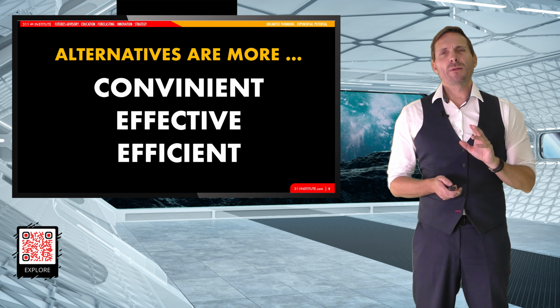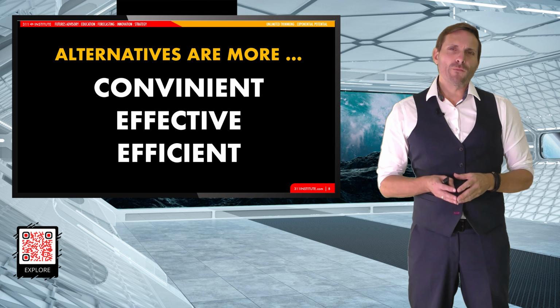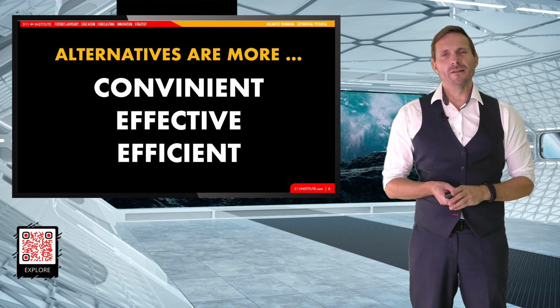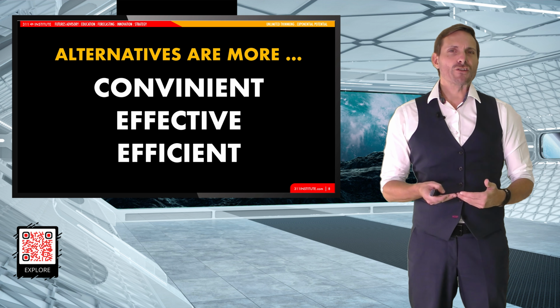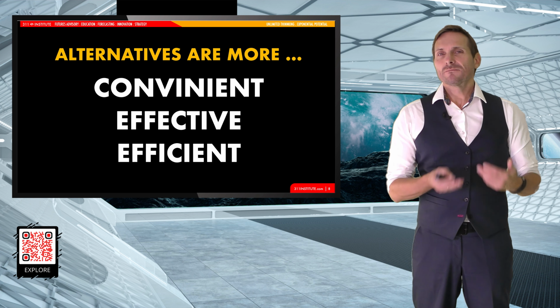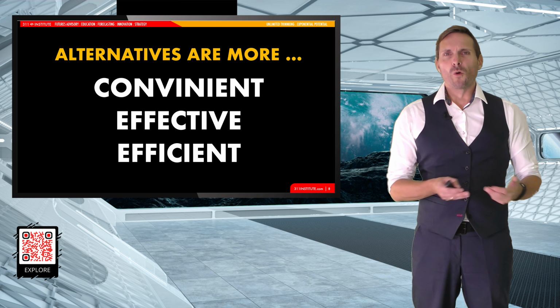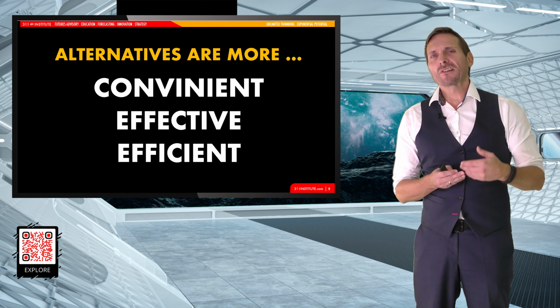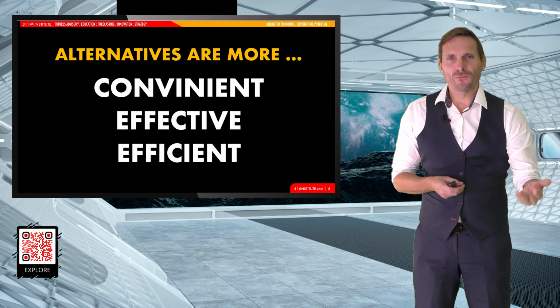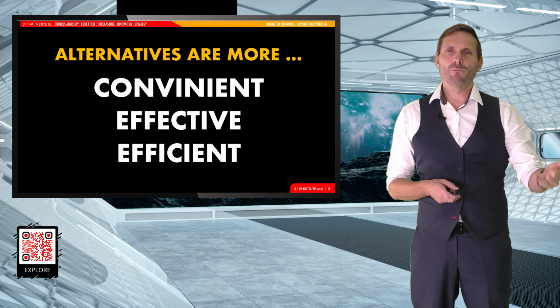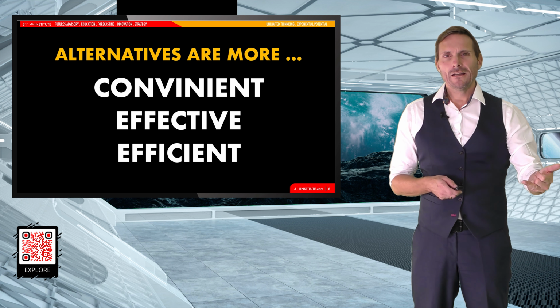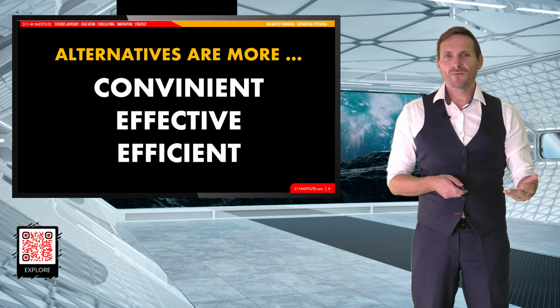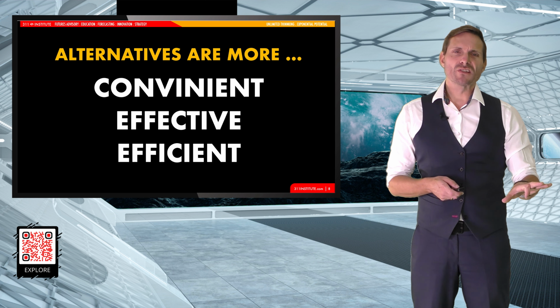But it also has to be more efficient. Again, quite a general term, we're talking about efficiency as it relates to commercials. For example, if my product is convenient and effective at helping you do something better and faster, but it's really expensive, then you're not going to use it.